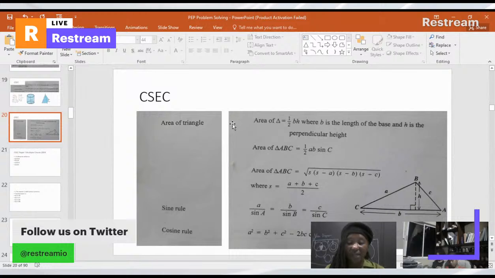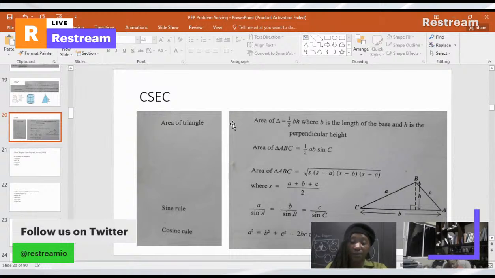Another formula for finding the area of the triangle is called Heron's formula. It's long, several steps, and this is if you know the 3 sides of the triangle and you want to find the area.